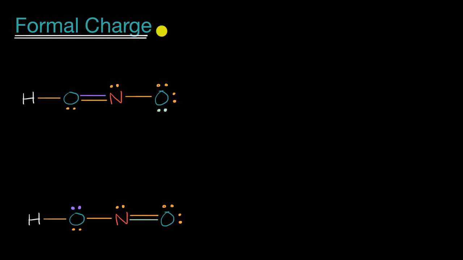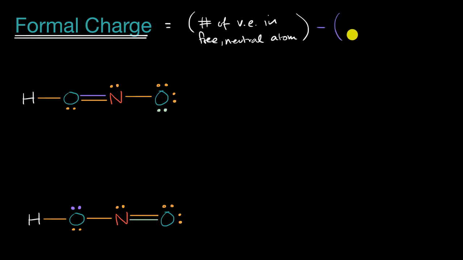So the definition of formal charge, and we're going to do this for each atom in our molecule. For each atom, we're going to calculate the number of valence electrons in a free neutral atom. From that, we are going to subtract the number of valence electrons allocated to a bonded atom.